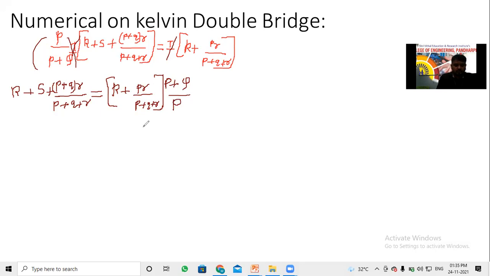Okay. Next what we will do, we will multiply this P plus Q into R here. So P plus Q divided by P into R. This complete form. Yes or no?